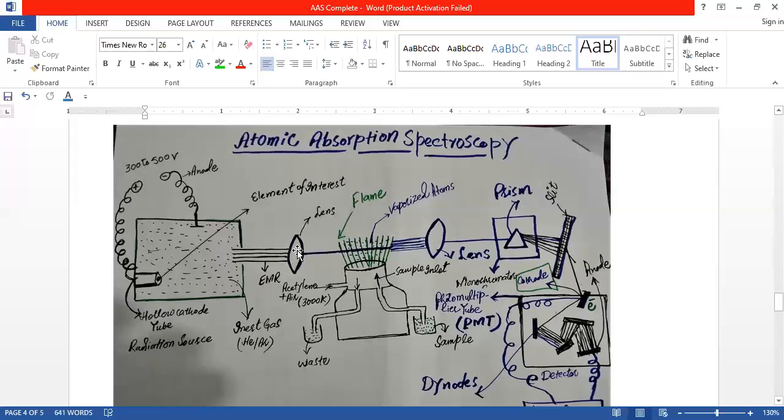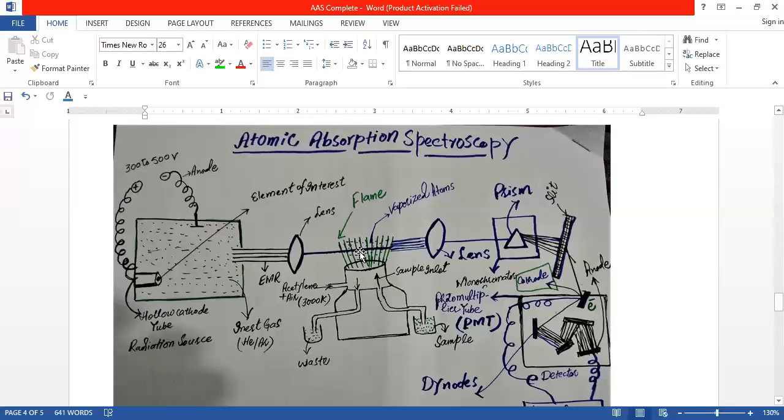By using a lens, we are focusing that electromagnetic radiation towards the flame.